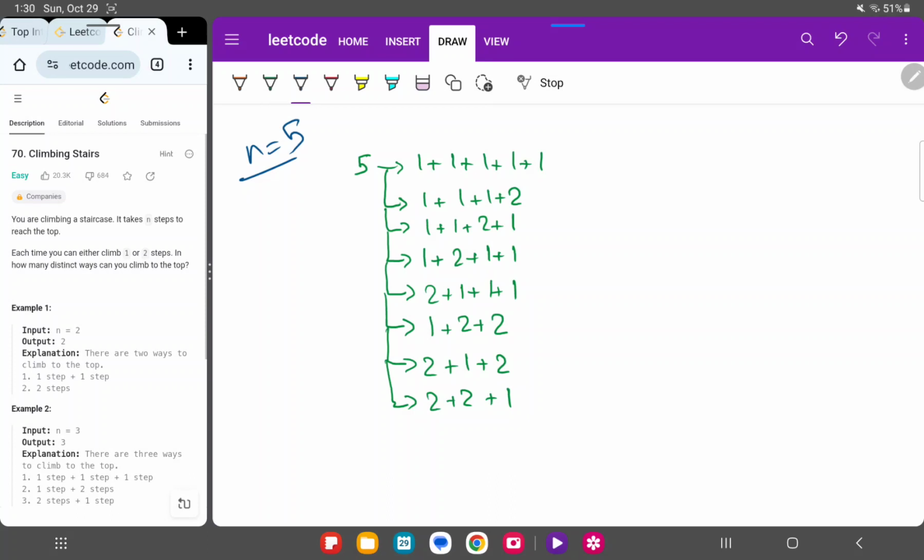So how many are these cases? 1, 2, 3, 4, 5, 6, 7, 8. So the answer is equal to 5.